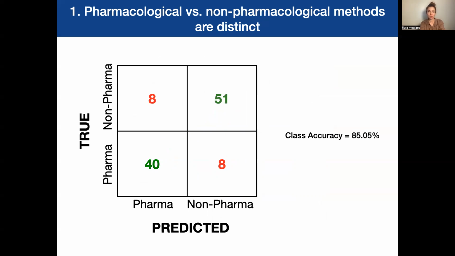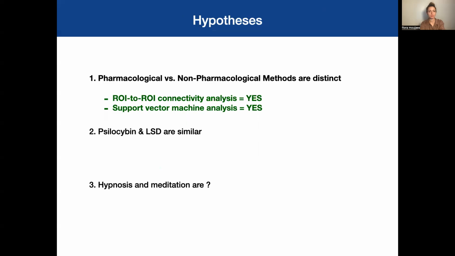As you can see, the model was able to successfully predict the conditions with a total accuracy of 85%. So in terms of our first hypothesis, that pharmacological and non-pharmacological methods are distinct, the ROI to ROI analyses and the machine learning analyses both support this, so they're both used complementarily throughout the paper.